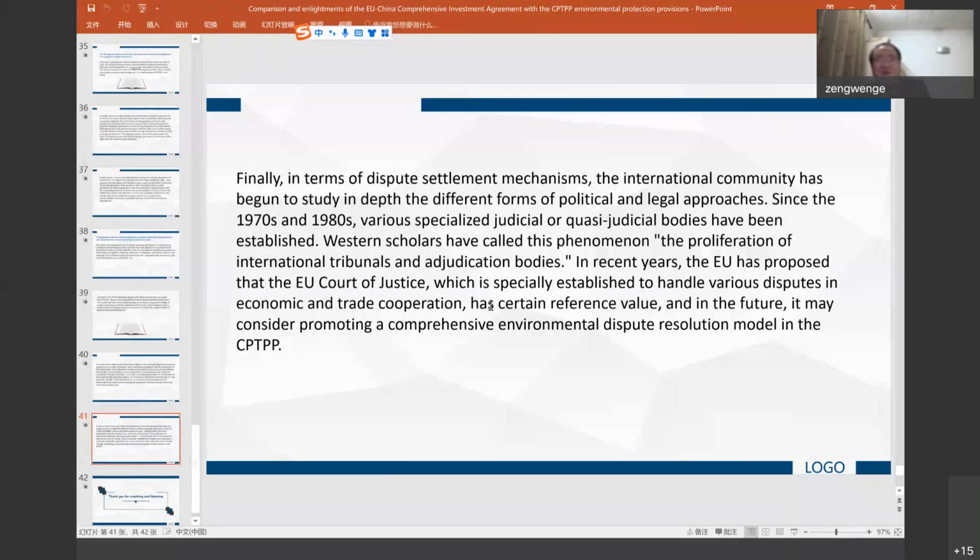So we can learn from that. In the future, it may consider promoting a comprehensive environment dispute resolution model in the CPTPP. This is my presentation. It's a very brief introduction.